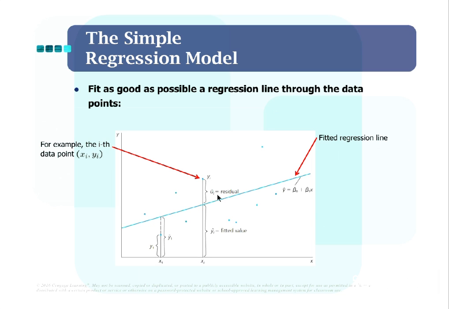The principle of ordinary least squares is basically choosing this line. This line can have different slopes and intercepts. This is the intercept beta 0 hat, and the slope is beta 1 hat. So this is one possible fitted regression line. There can be another one like this, with another intercept and slope.